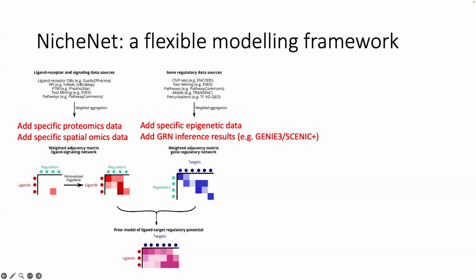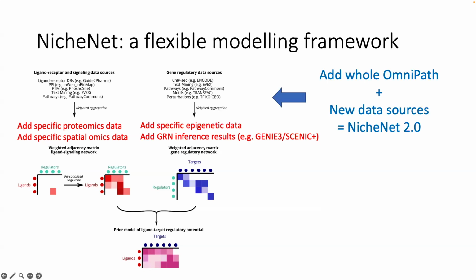For example, you can infuse predictions from GRN inference methods like CellOracle, for example. So all of that will improve the specificity of your prior model. If you just use NicheNet as it is, it's a very general framework, but the more context specific you can make it for your experiment, the better, of course, your results will be. And all of that is possible, right?